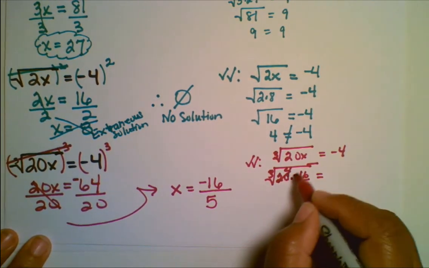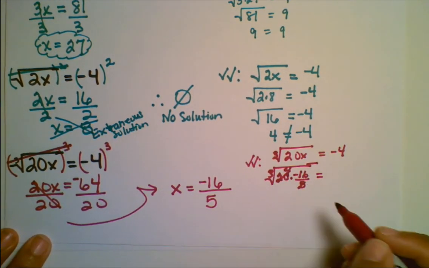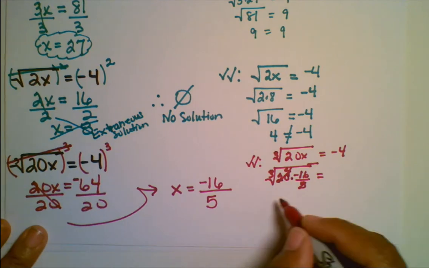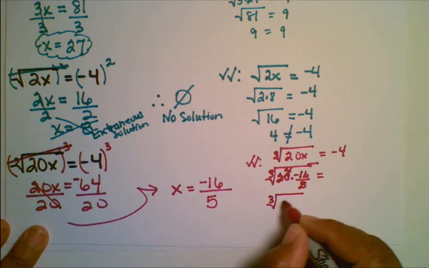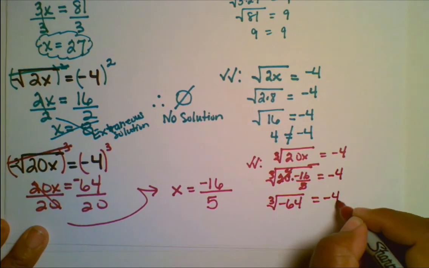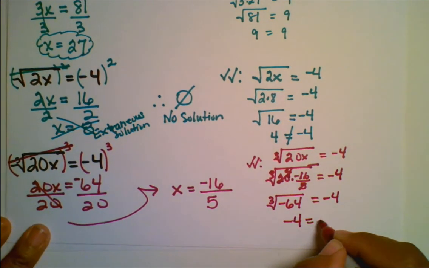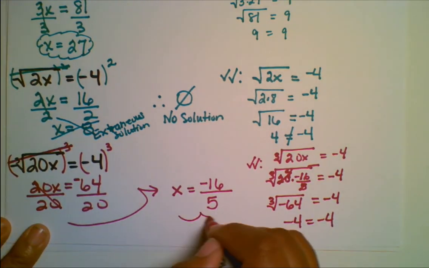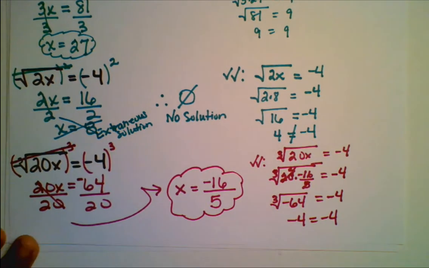This is all under the radical sign. 4 times negative 16 would give us negative 64. And the cube root of negative 64 is negative 4. So this is a true statement. Therefore, x equals negative 16 over 5 is the solution.